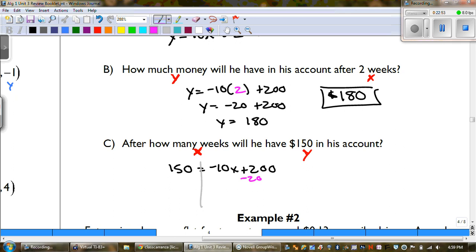So we're going to subtract 200 from both sides. And we get negative 50 equals negative 10x. To get the x by itself, you have to divide by negative 10. Don't forget your negative signs. And we get that x equals 5, so that is 5 weeks.